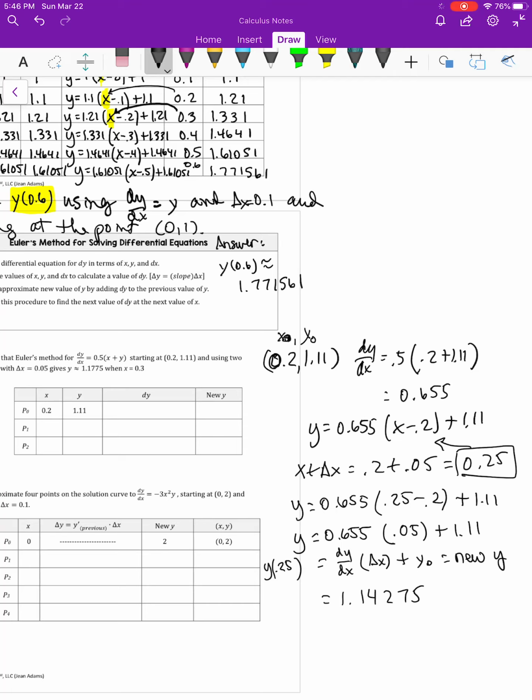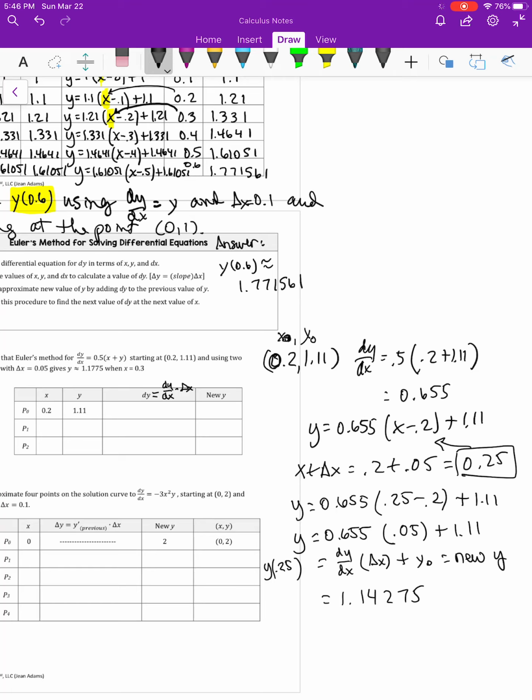So how does this relate? Because this is exactly what we did in the exploration. Everything we just did here. So how does this relate to what they're asking us to do here? Well, this dy is our dy dx times delta x.